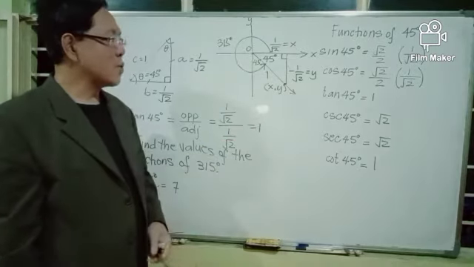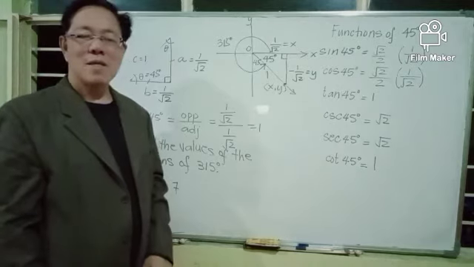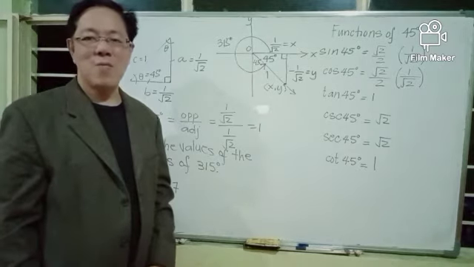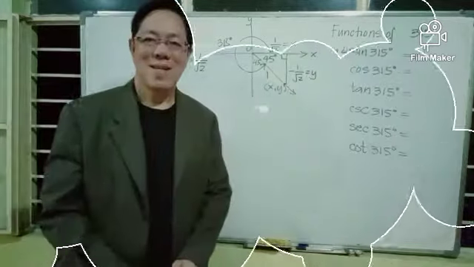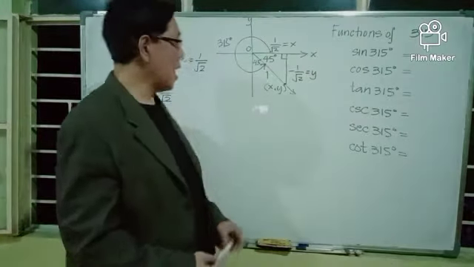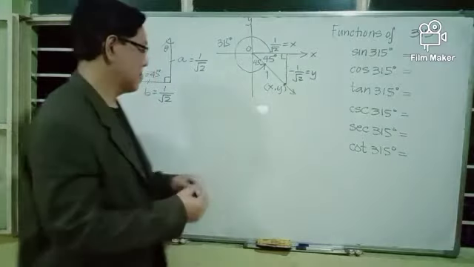Now we are ready to write the 6 trigonometric functions of 315 degrees. We start with the sine of 315 degrees.